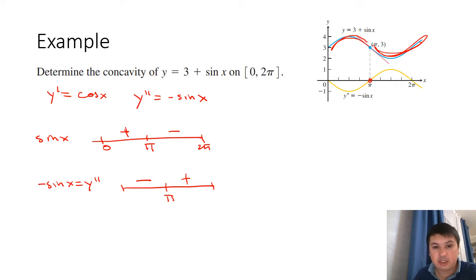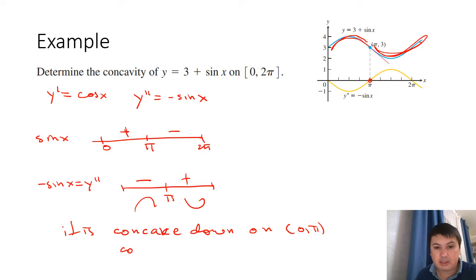Which means here I have concave down, here is concave up. So you can say the function is concave down on (0, pi), and it is concave up on (pi, 2 pi).